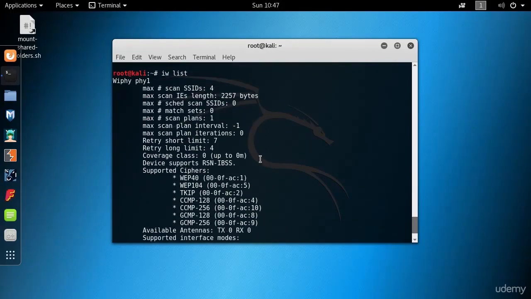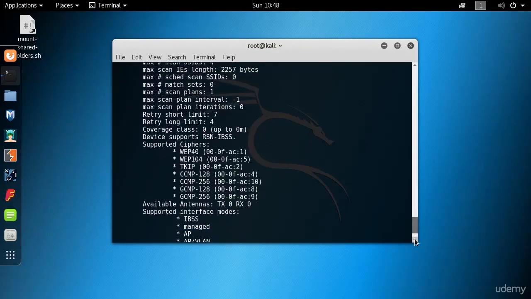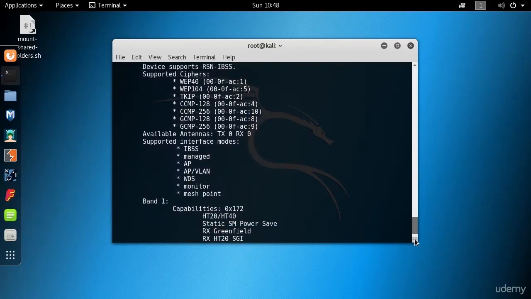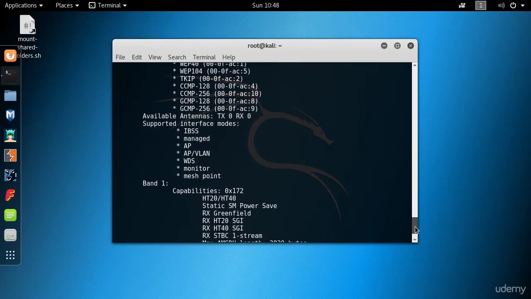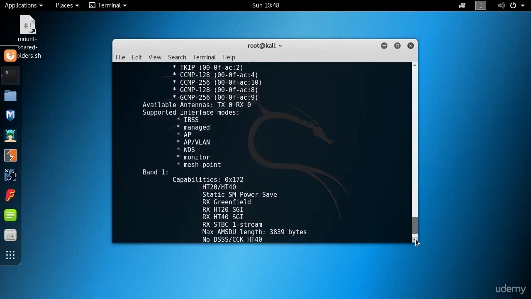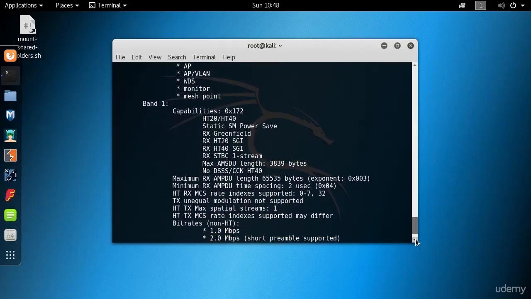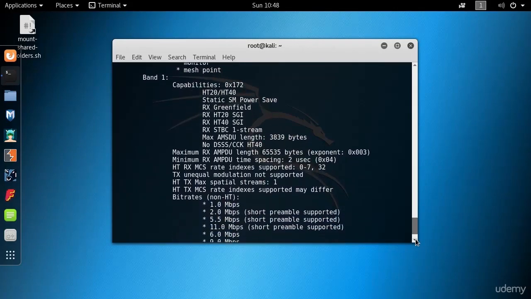So for example, the supported ciphers, 40-bit WEP, 104-bit WEP. And then interface modes. Information about the bands. HT, we see HT a few places.